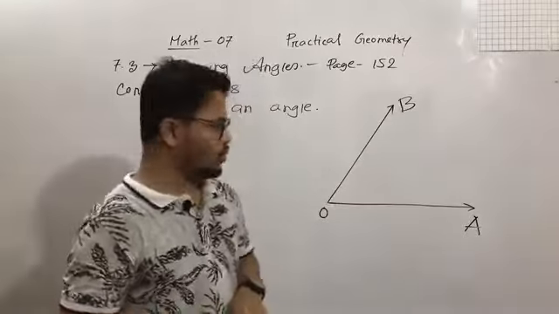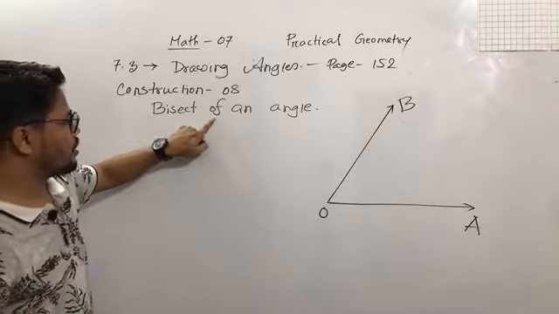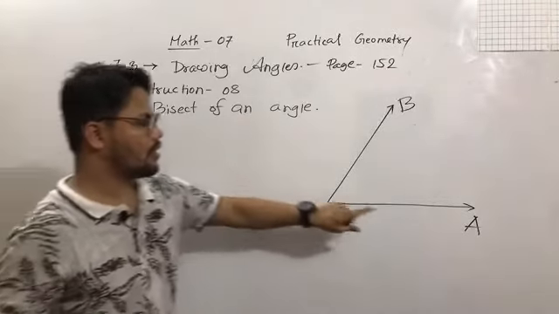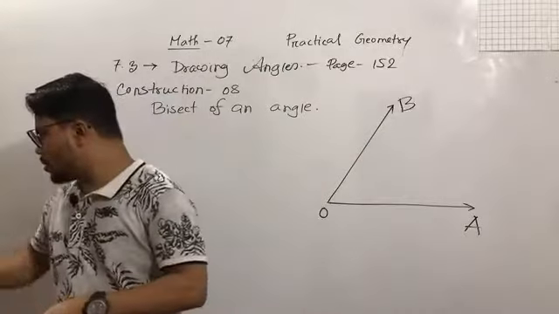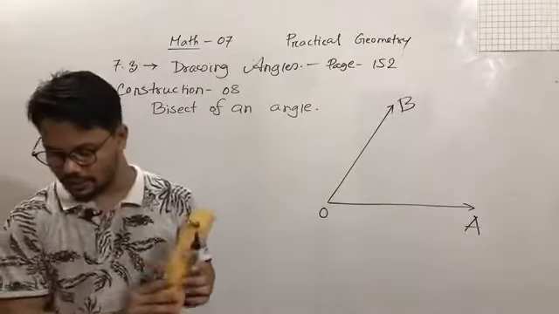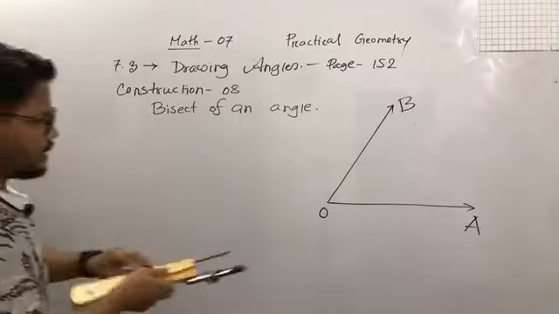So my dear students, the question is bisect of an angle. So this is an angle. It is required to bisect the angle, which is construction number 8. Now, bisect this angle.